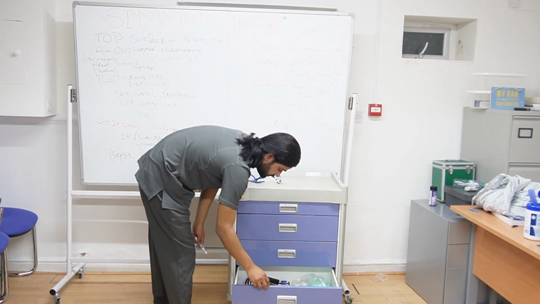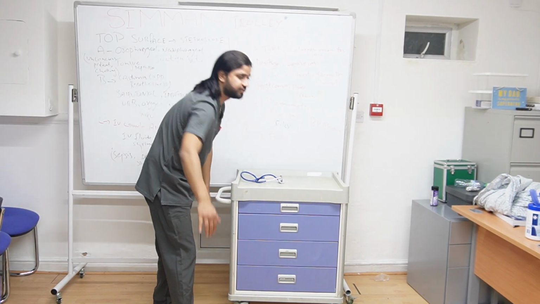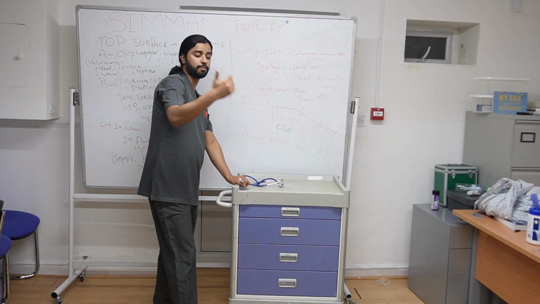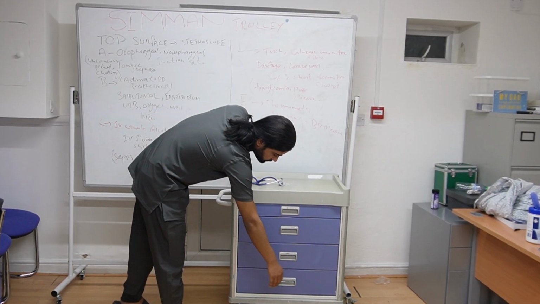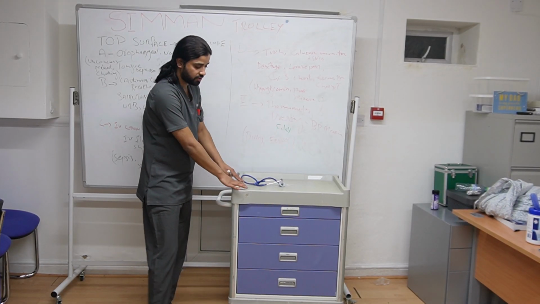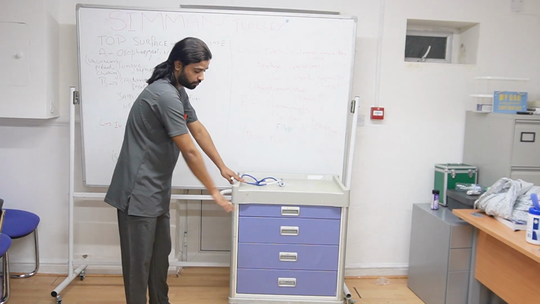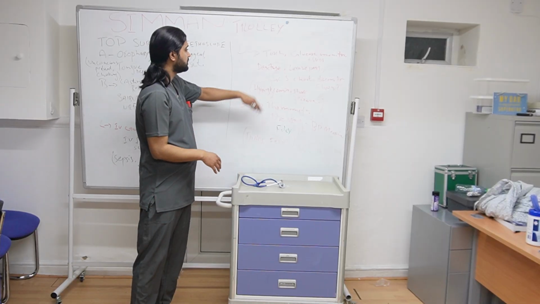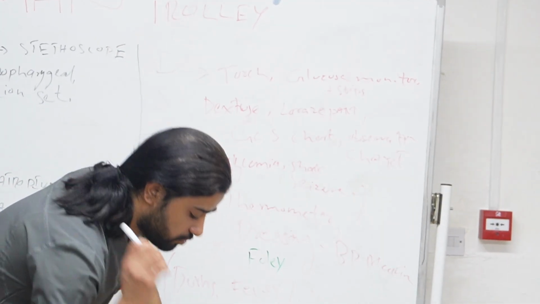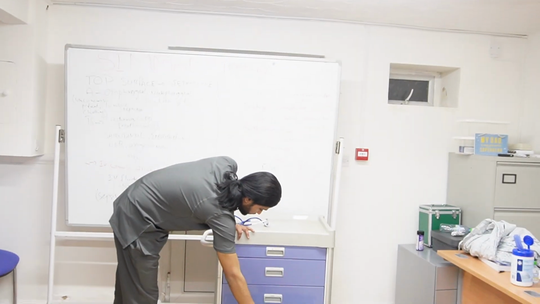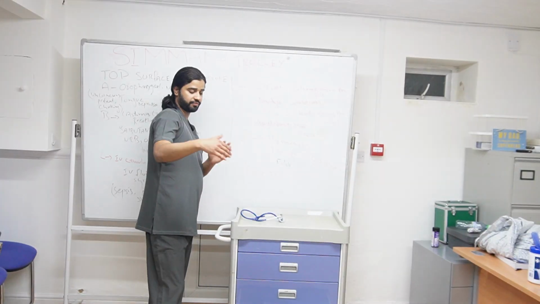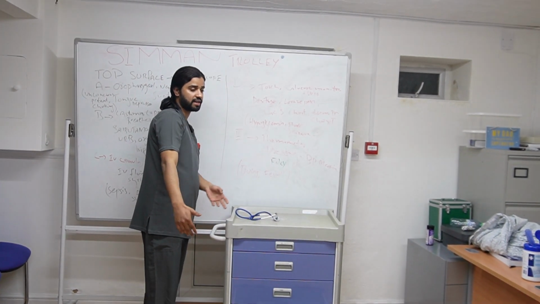Alright, and some trolleys have 5 drawers. If there are 5 drawers, then you will find the thermometer in the 5th drawer. Otherwise, if it is a 4 drawer trolley, it will have all these things in these 4 drawers, and it will have the torch in this drawer as well. Alright, if there is a 5th drawer, you are going to get the Foley's catheter.